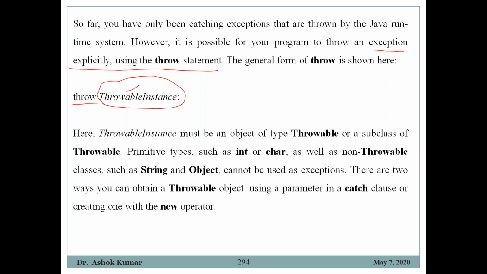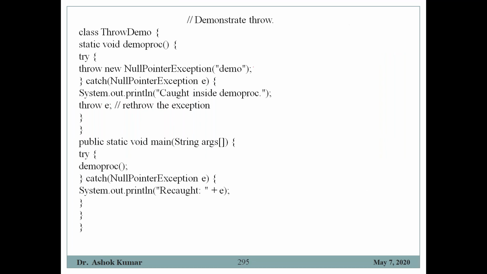The next slide is about this concept. In this case, we have one class named ThrowDemo, and I would just like to show you the try block. This is the try block of this method demoProc. I have drawn a boundary around this try catch block.